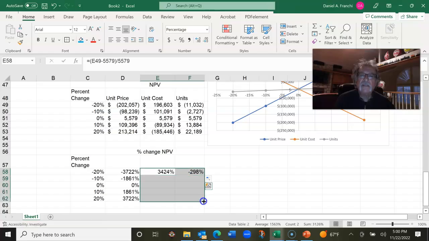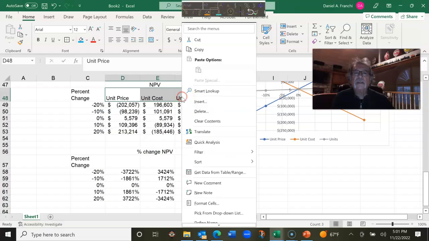So what we can have is percent changes, but the interpretation is that the changes in unit price and unit cost have 10 times more impact than the changes in number of units. So if you can do things to control your cost, reduce your costs, that's more important than slightly increasing or slightly decreasing your units.